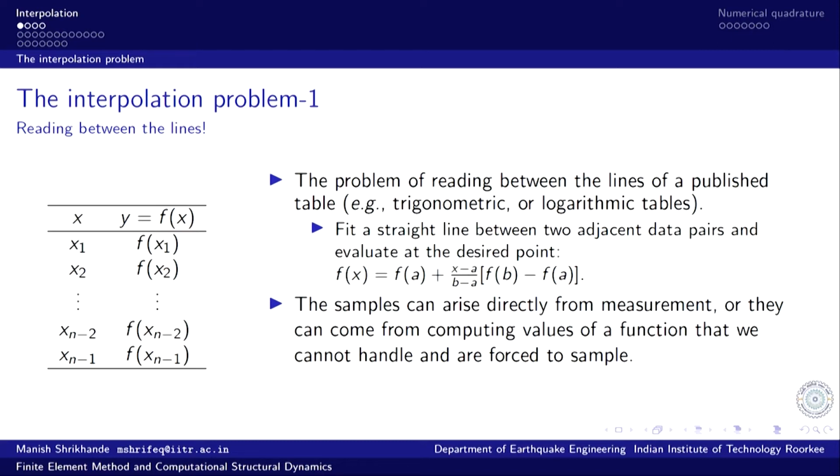I would recommend that you keep that at the back of your mind, that these samples can come from computing values of a function that we cannot handle, and we are forced to sample. That has a very important implication.